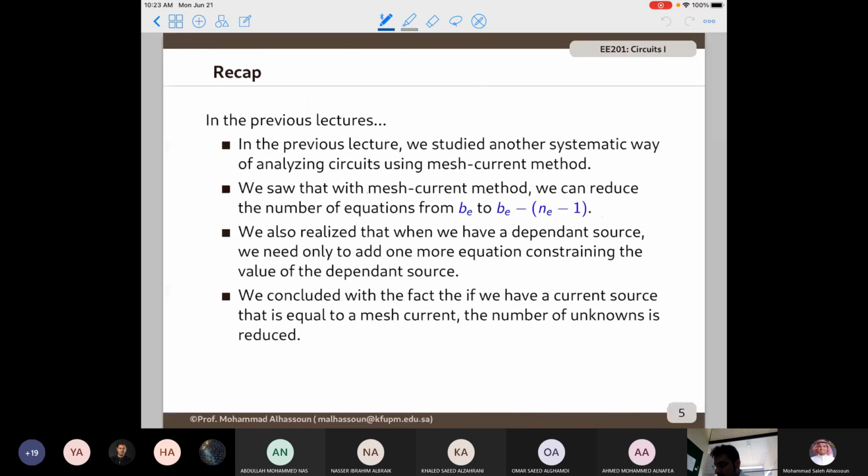Okay, so in the previous lecture, we talked about another systematic way. If you remember, we had this big circuit that we wanted to solve for the essential branch currents. We noticed that if we solve directly for the branch currents, the essential branch currents, we're going to end up with a huge system of equations.